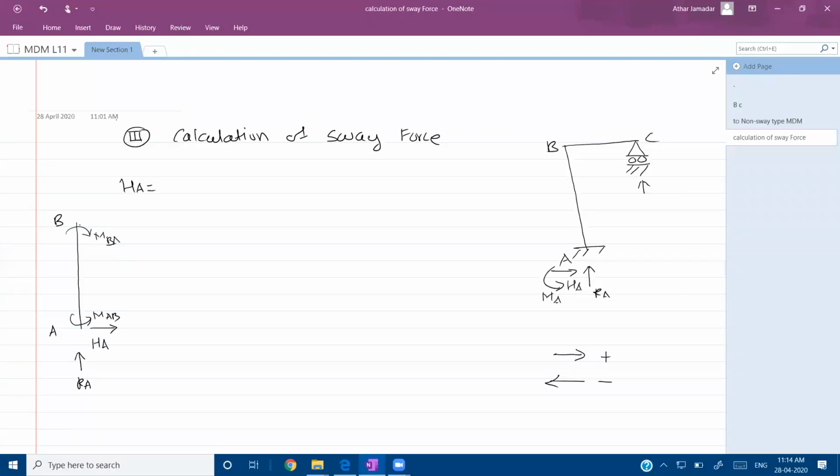Now if you take the summation of moments about joint B, you will have Ha into the column height, let us assume L1.